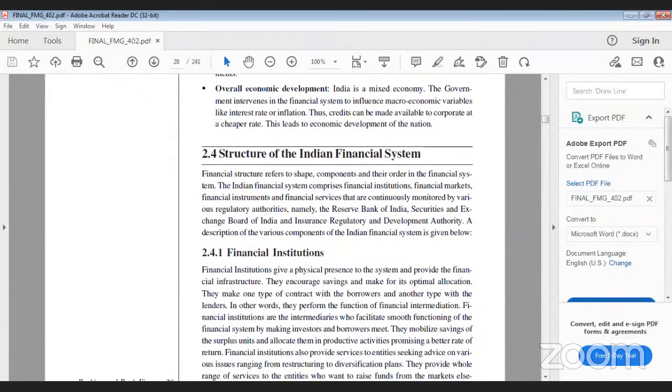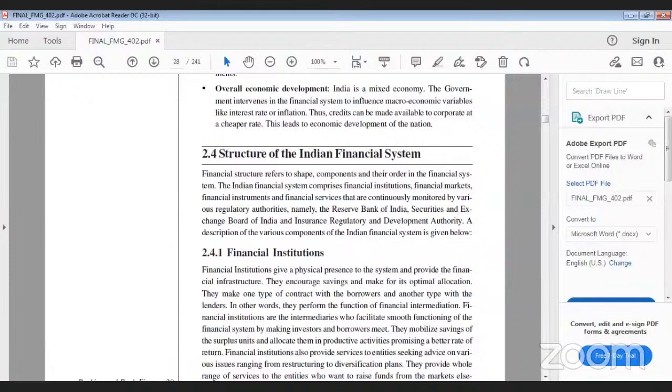Next, the structure of the Indian financial system. The financial structure refers to the shape and order of the components in the financial system. The financial system comprises financial institutions, financial markets, and financial services, with various regulatory authorities, namely the Reserve Bank of India, the Securities and Exchange Board of India, and the Insurance Regulatory and Development Authority.